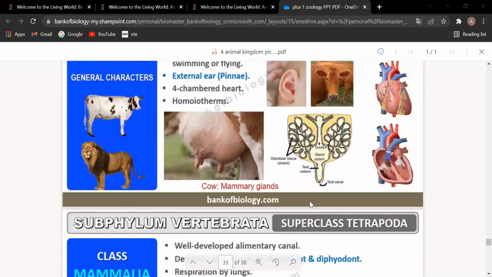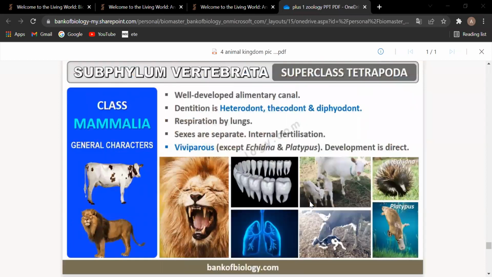Well developed alimentary canal. Dentition is heterodont, thecodont, diphyodont. I hope you all remember these words: heterodont, thecodont, and diphyodont. Heterodont means 4 different types of teeth would be present. Thecodont means the teeth are embedded in sockets in the gums. And diphyodont means you'll be having teeth emerging twice, the milk teeth and the permanent teeth.